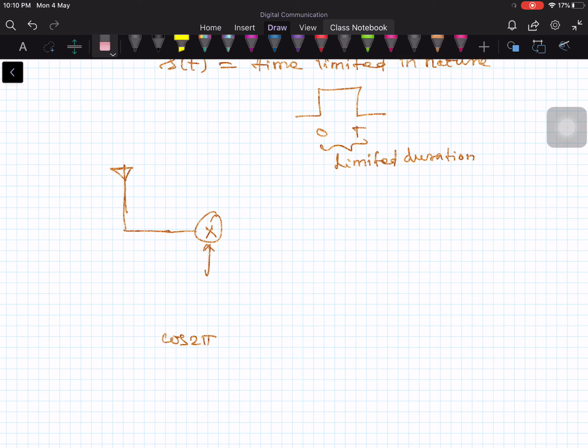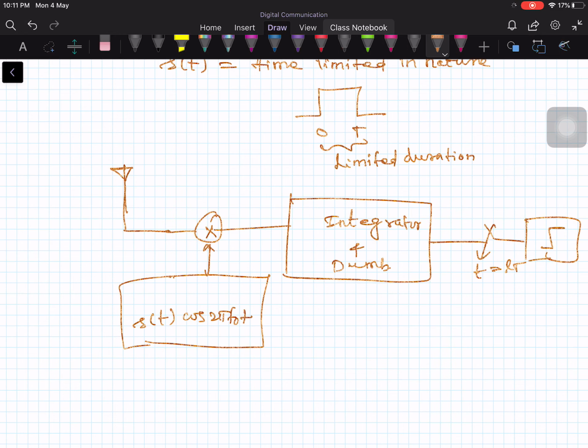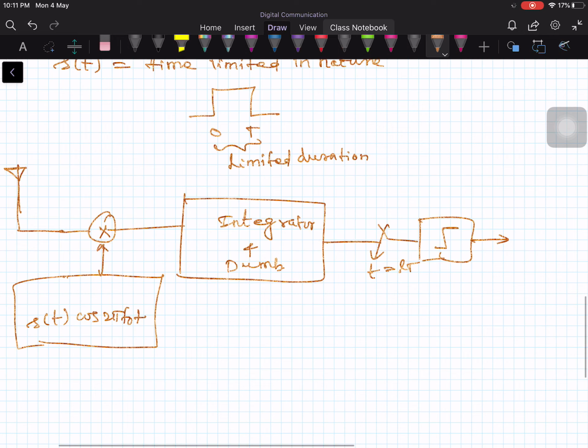So let me write down properly: s of t times cos of 2 pi f naught t, and then this is given to the integrator. First you multiply and then integrate and dump. I'll explain what the meaning of dump is. Then sample at t equal to LT periodically, and give it to the comparator. If the output of the comparator is positive, you decide bit 1, and if it is negative, you decide bit 0.